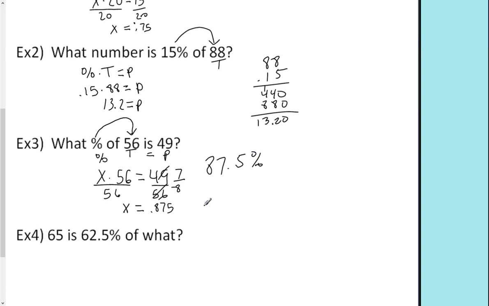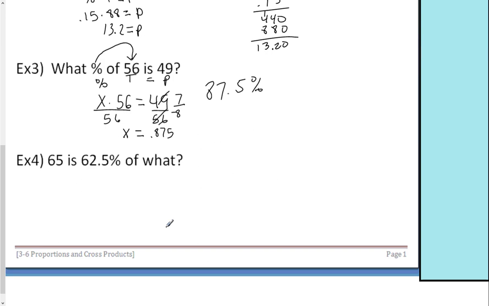All right, last example. 65 is 62.5% of what? I'm taking the percent from some number that I don't know. That must be the total. That's the percent. That's the equal sign, and that must then be the part. So I have 65 equals, I need to turn that percentage into a decimal, so that's 0.625 times t.